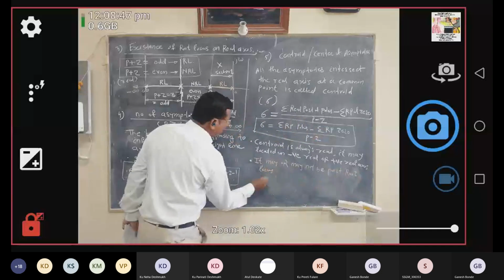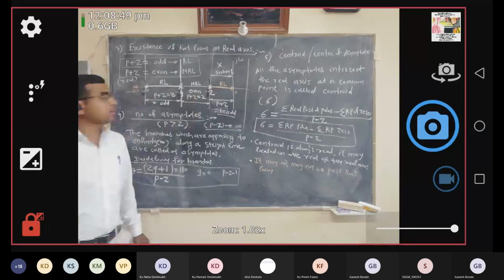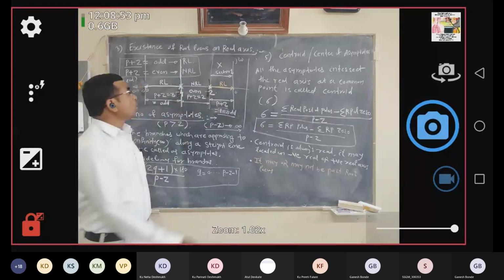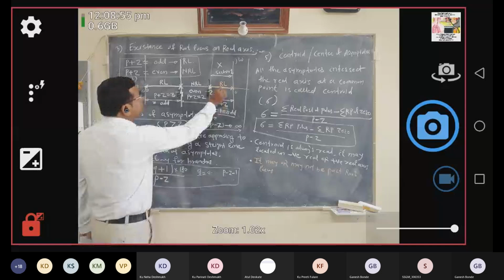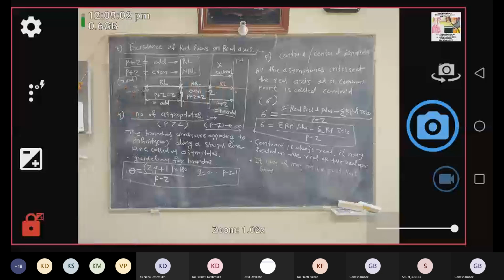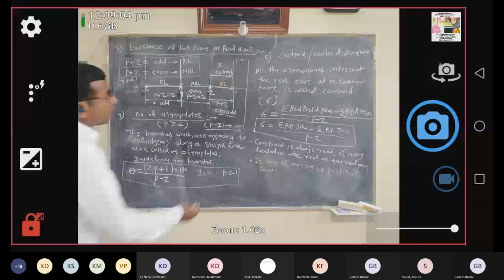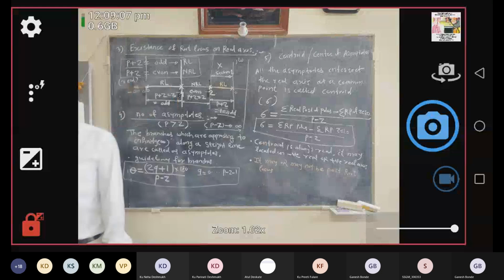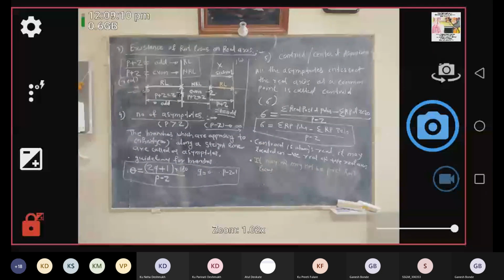That means this sigma value could be located either on the root locus part or on the non root locus part. वो कहीं पर भी रह सकता है. So these are a few properties of your centroid. This is our step number 5.